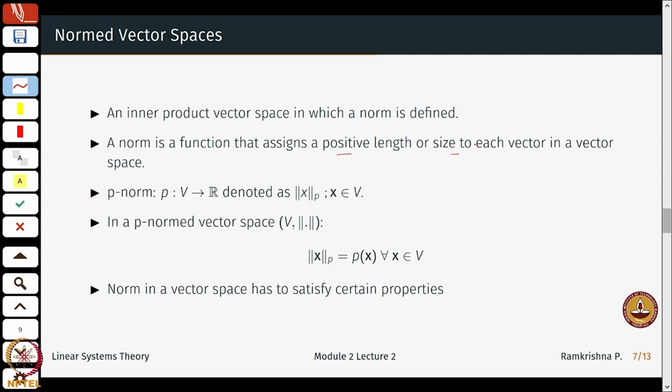Say some p norm, we will denote this as x with 2 parallel bars, and p as a subscript. I can look at this norm as a map which goes from the vector space V defined over a field F and gives values in R plus. This is essentially what is meant by positive length here.